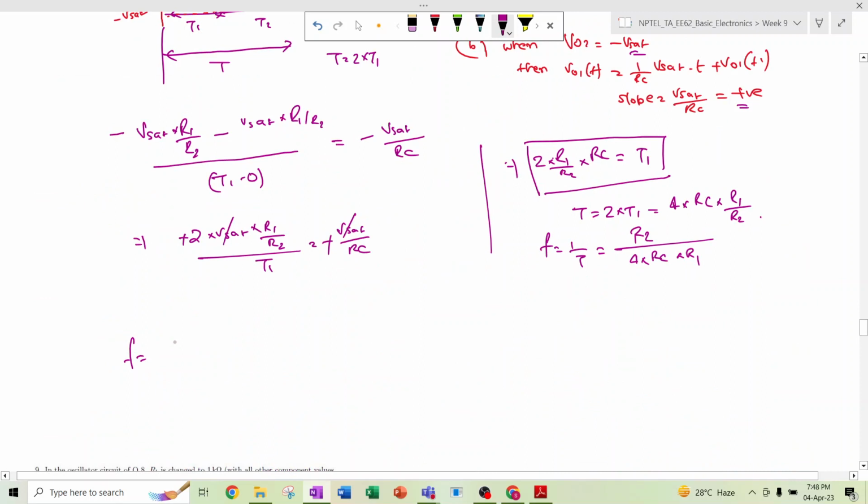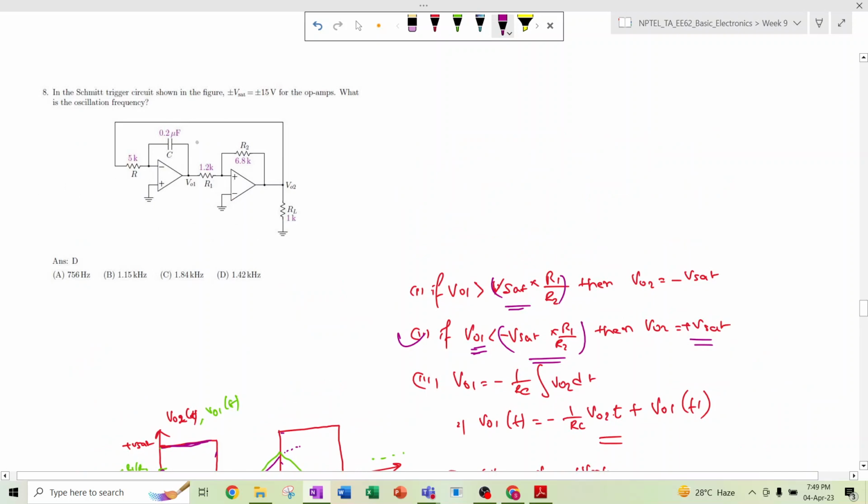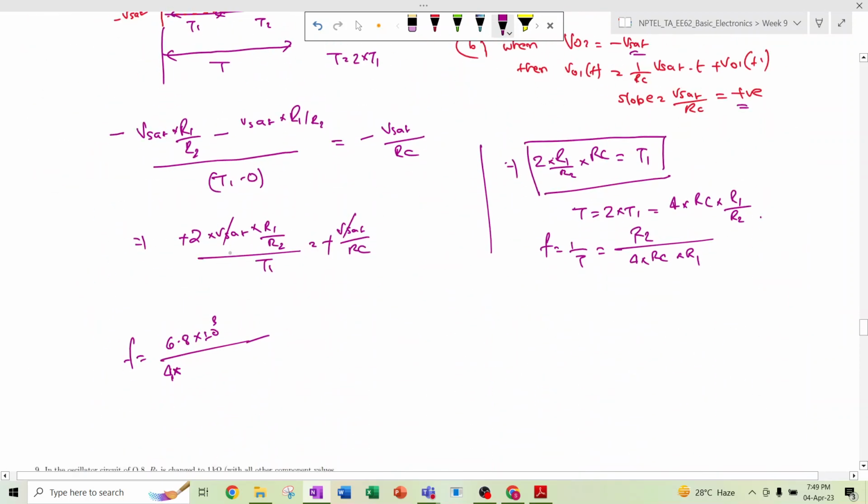So it will be 6.8k divided by 4 into R into C, R and C. What is the value of R and C? 5k and 0.2 microfarad. 5k into 0.2 into 10 to the power minus 6, into R1.